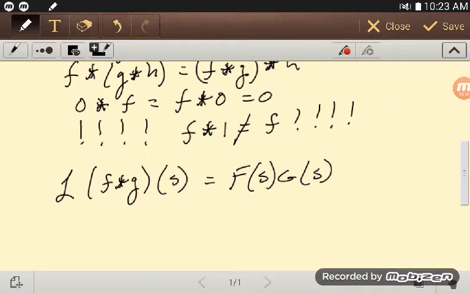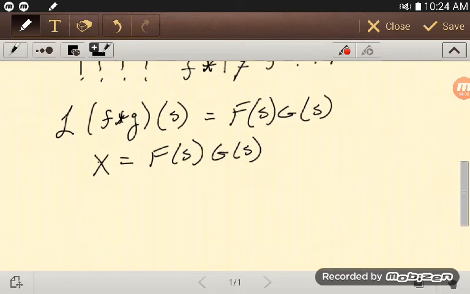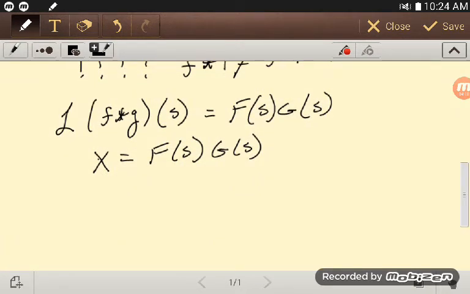Suppose I do all this stuff and I get that X of s, uppercase X, happens to be a product that we recognize. We know how to undo that product.